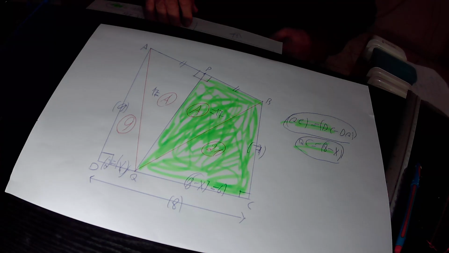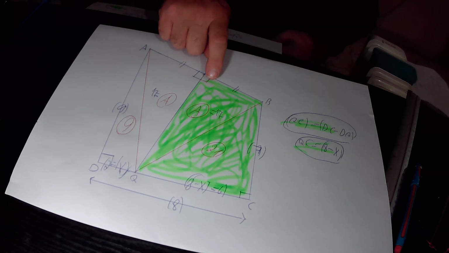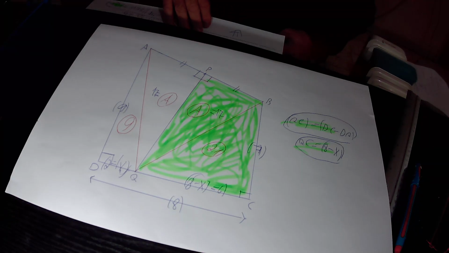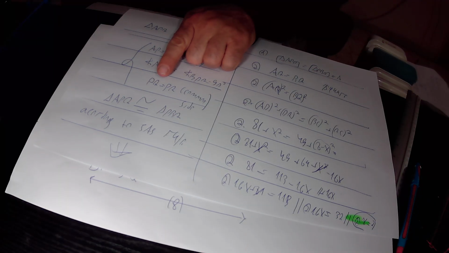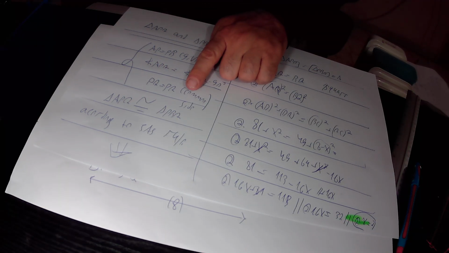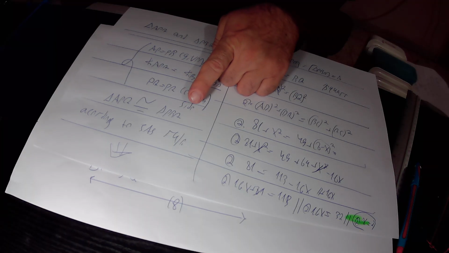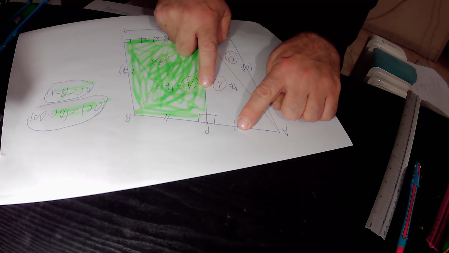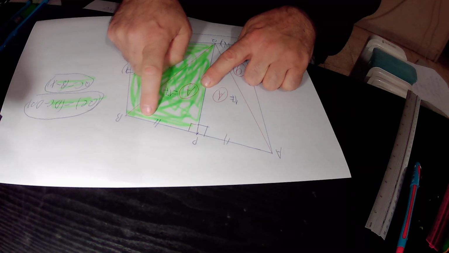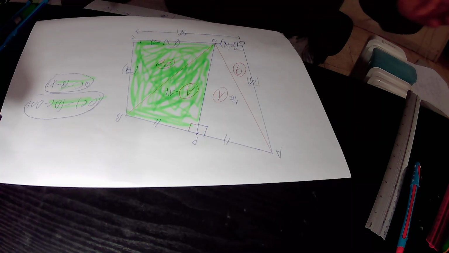So in total, we found that the white triangle APQ is congruent to the green triangle PBQ according to the side-angle-side rule. That is to say, those two sides and the angle included between those two sides in this white triangle are correspondingly equal to those two sides and the included angle in this green triangle. Therefore, those two triangles are congruent according to the side-angle-side rule.